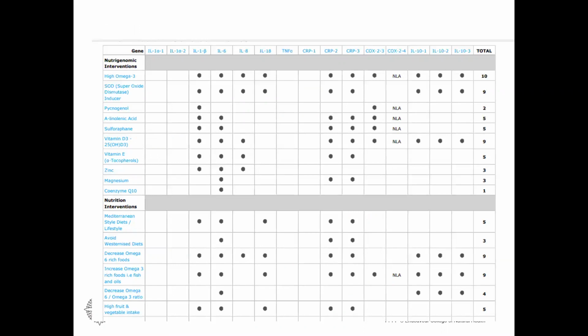So there are human studies now that tell us that if we are consuming a high amount of omega-3, it can modulate gene expression of inflammatory biomarkers. If we have a sufficient amount of vitamin D3, then it can modulate gene expression of interleukins and tumor necrosis factor alpha.